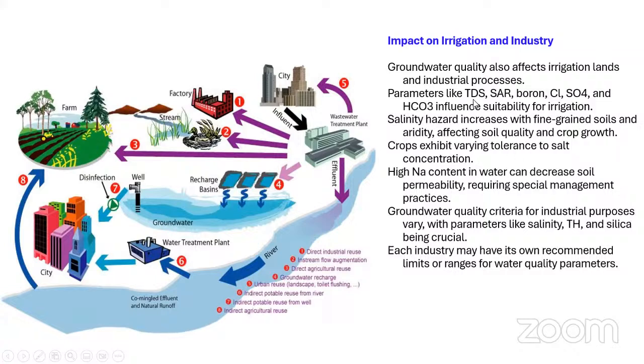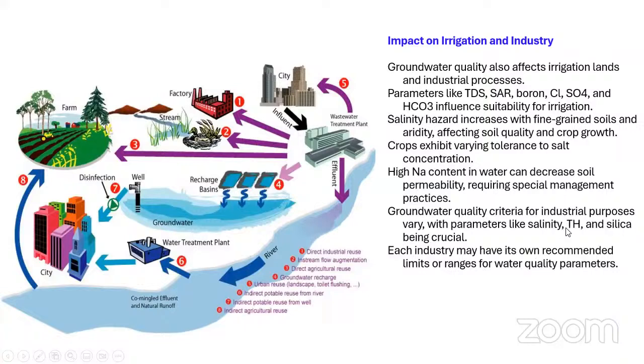Here I have mentioned TDS, sodium absorption ratio, boron, chloride, sulfate, and bicarbonate. These are the chemical constituents which may affect industrial activities.